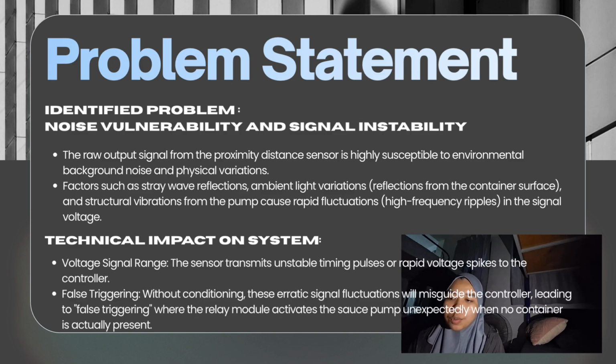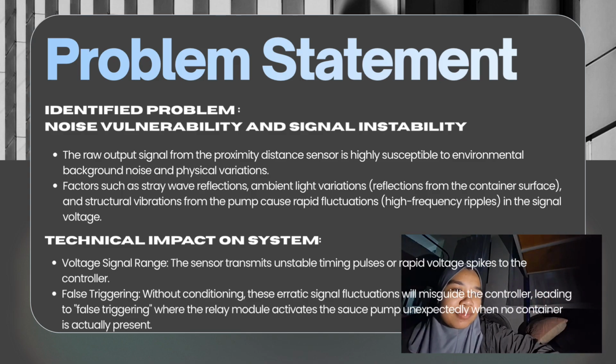The second one is that it will give false triggering. Without conditioning, this erratic signal fluctuation will misguide the controller, leading to false triggering where the relay module activates the source pump unexpectedly when no container is actually present.